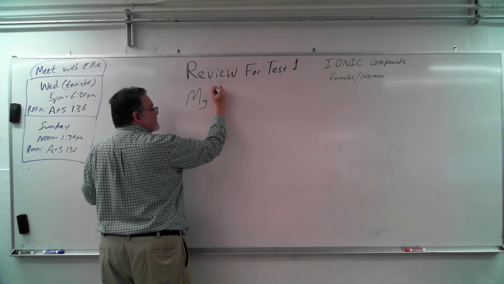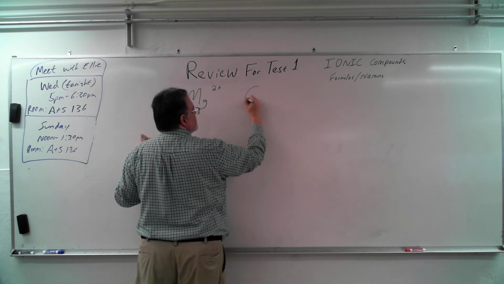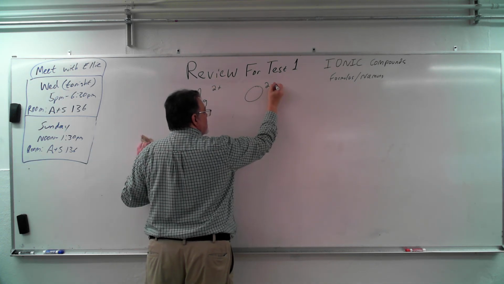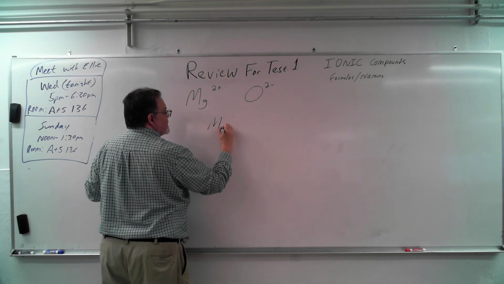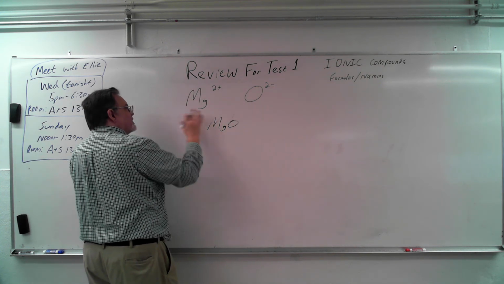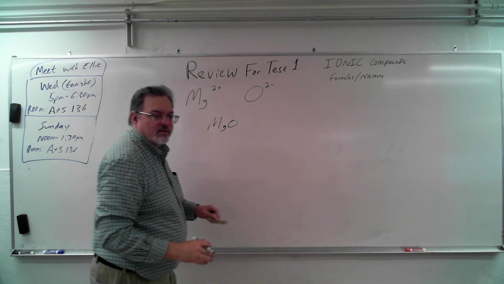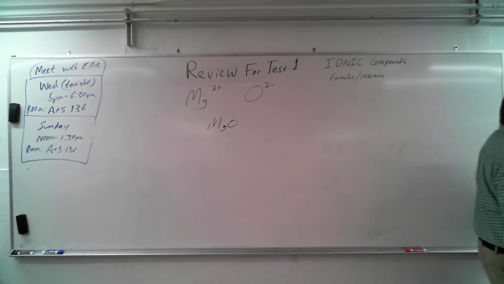Magnesium, what is the charge? 2 plus. Oxygen, what is the charge? 2 minus. So it's just MgO. You've got plus 2 and you've got minus 2. It balances as MgO, 1 Mg, 1 O.